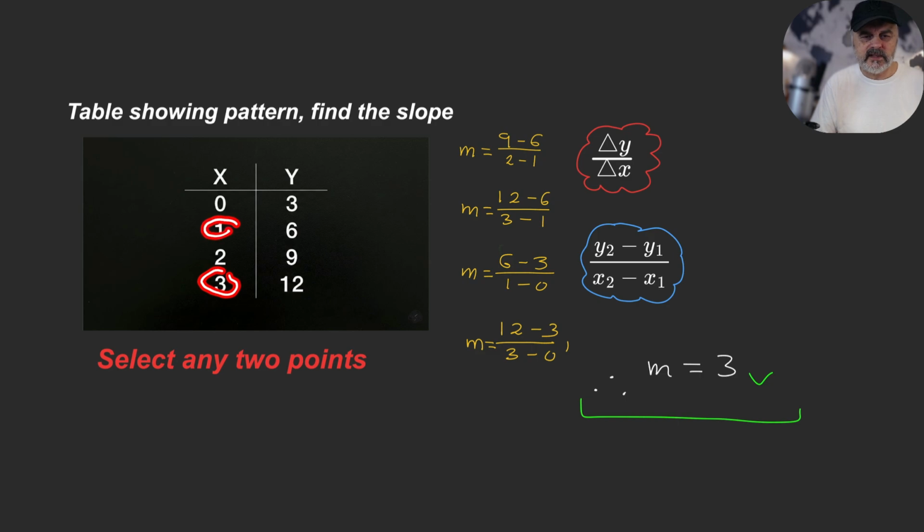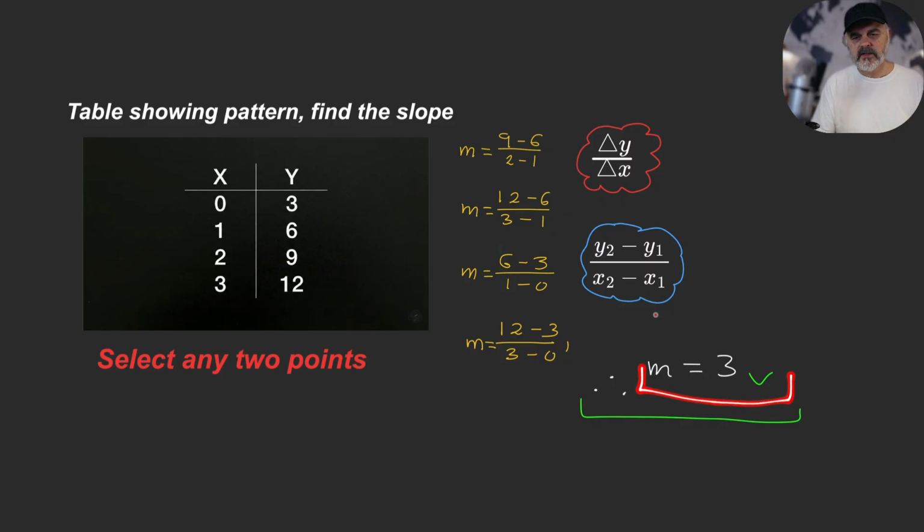So hopefully this makes sense. Any combination. And also you can do them in the opposite order: 3 minus 6 divided by 0 minus 1, as we showed you on the slide above. In any case where you complete the ratio, you'll find 3 as a final answer.